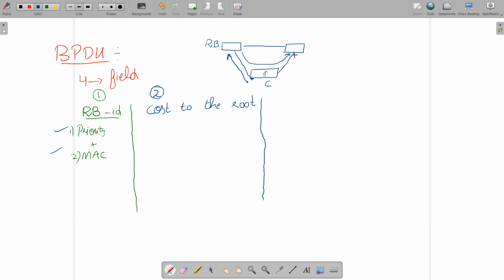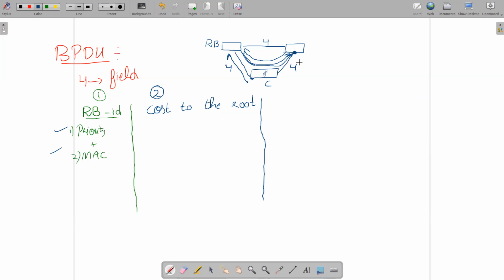So I will start in the reverse case to check the cost of the link. Every vendor has different link costs. For example, whenever we talk about the gig interfaces, it has a cost like 4, 4, and 4 over here. So if I'm receiving a packet from the root bridge, it is traveling in this direction, anti-clockwise, and I'm getting it by sitting over here.